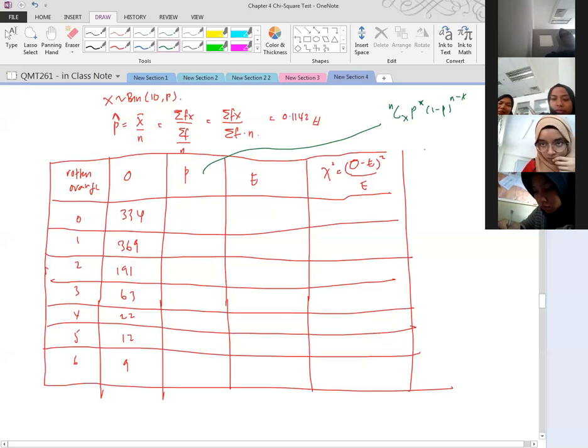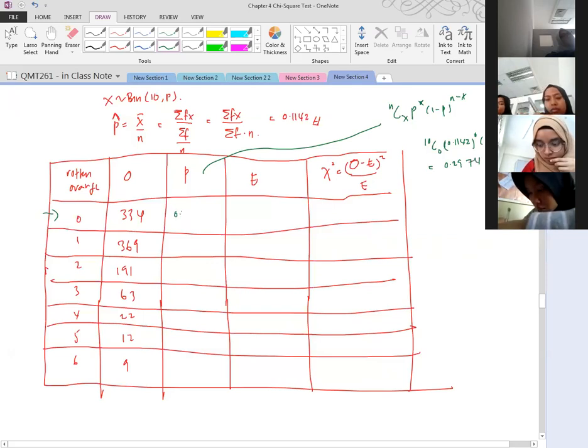So n is equal to 10: 10 choose 0, p is equal to 0.1142 for the first row, to the power of 0, and the complement is 1 minus 0.1142 to the power of 10 minus 0. So this one should be equal to 0.2974.